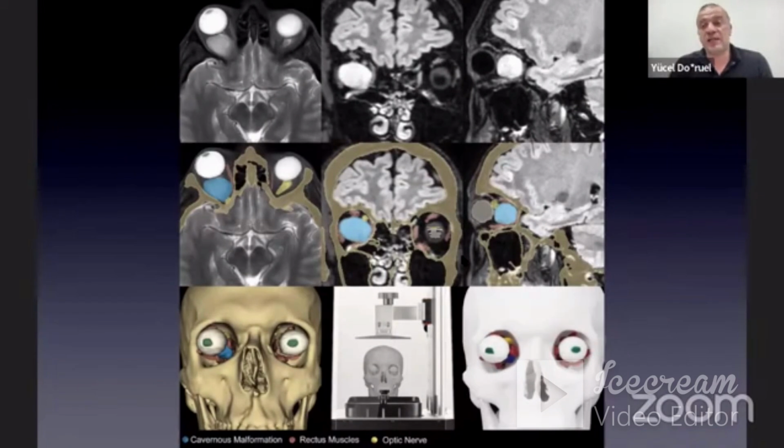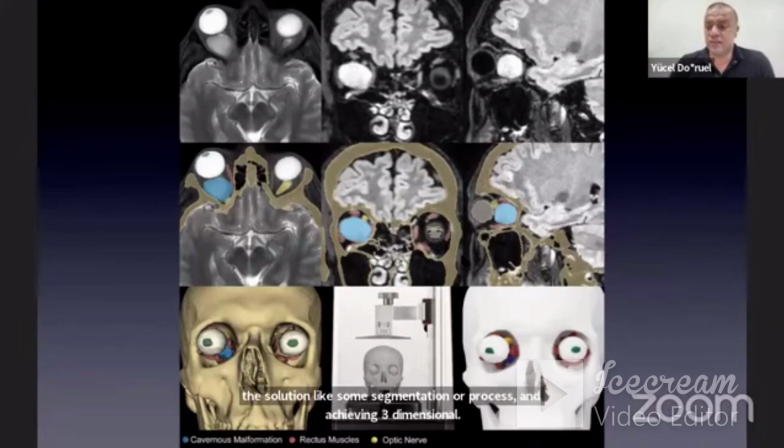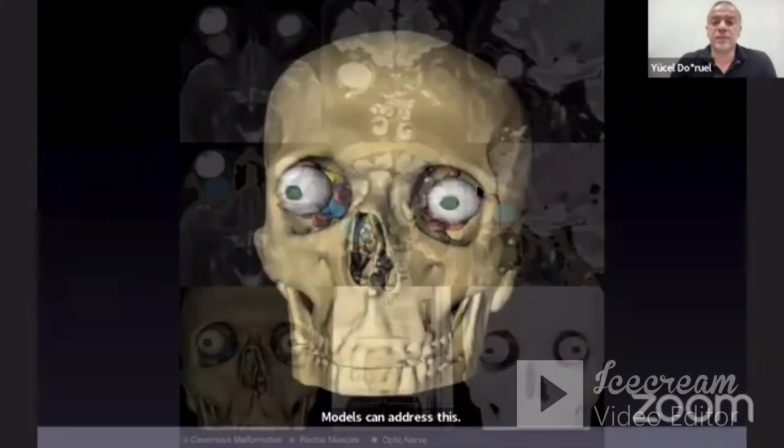That's why we use this natural anatomical corridor less. To address this issue, we described a solution: a segmentation process, and achieving three-dimensional models can address this problem.